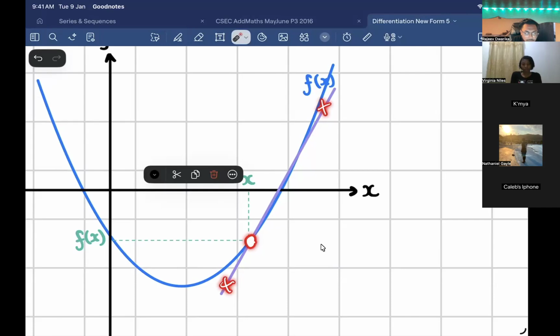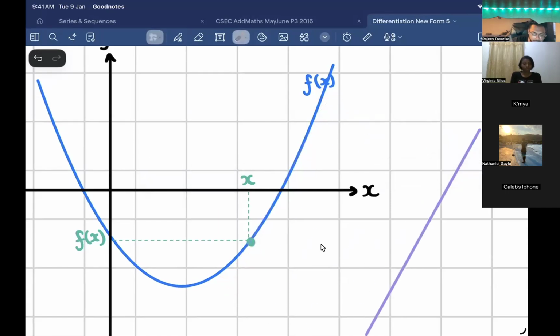Okay, so no. Let me go back to what we learned just now. In regular maths, if you want to find the gradient of this, what would you do? Draw a straight line and pick two points, plug them into the formula. A straight line like this.